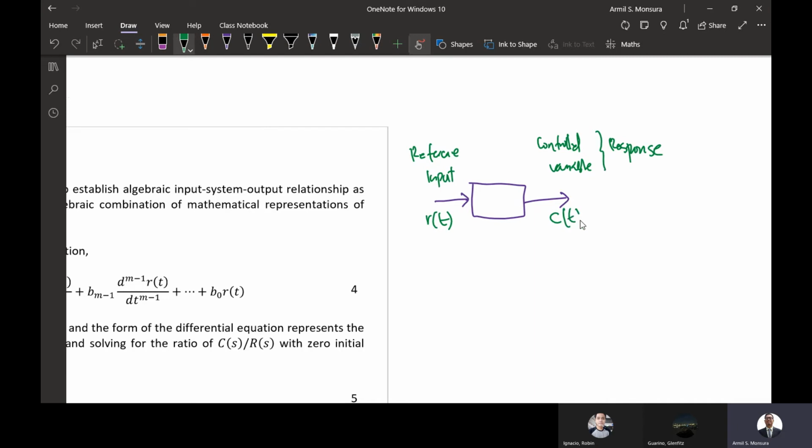As C of t. Tapos, ito yung system niyo. So, separate natin yung tatlo if we actually use transfer function, okay? If we use transfer function to model your system. Okay? So, paano nyo gagawin yung separation ng tatlong quantities na yan?